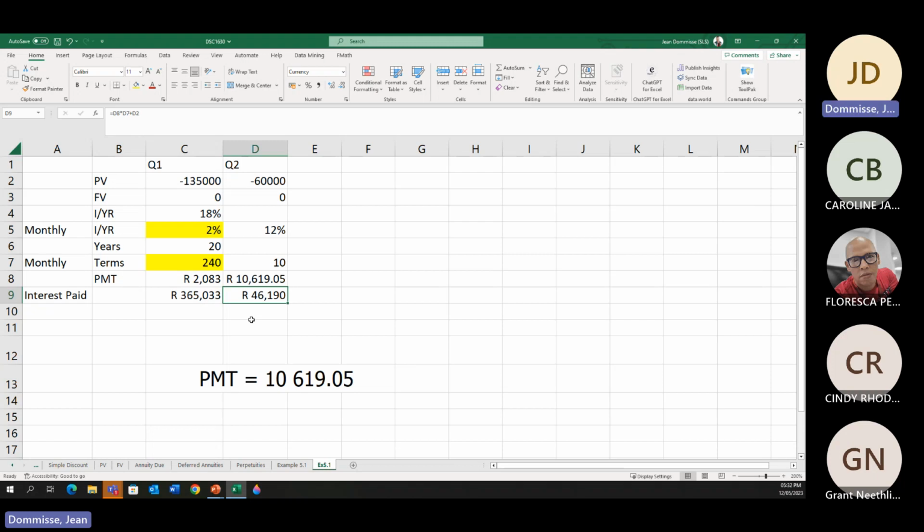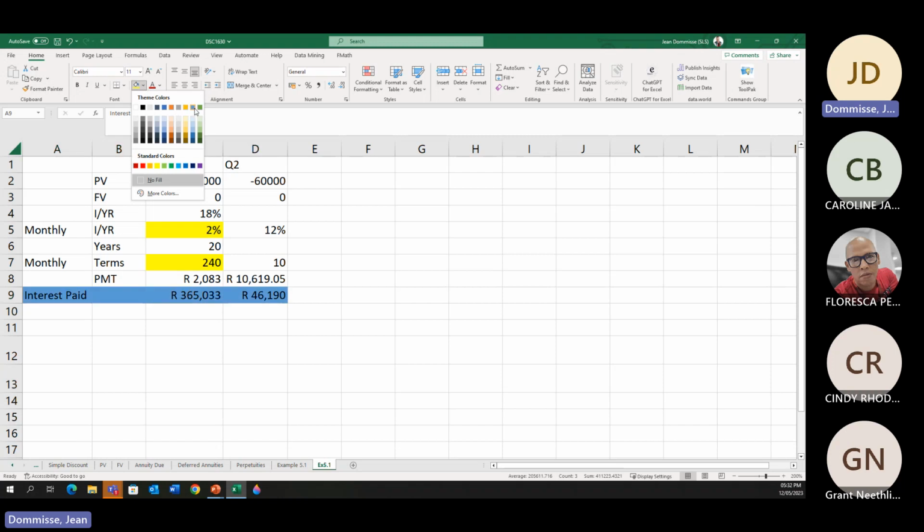So the positive is if you get inheritance money that is paid out yearly. The negative is if you pay a loan, you are paying more than the original amount. I don't know if they might ask it, but I just thought, let's add that.